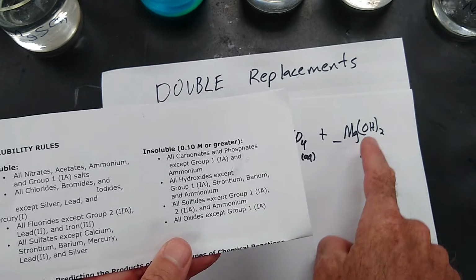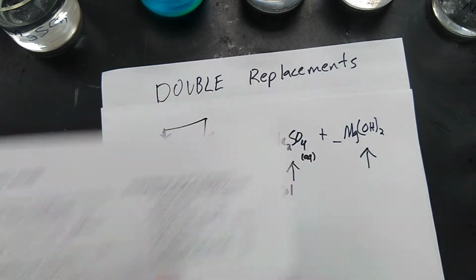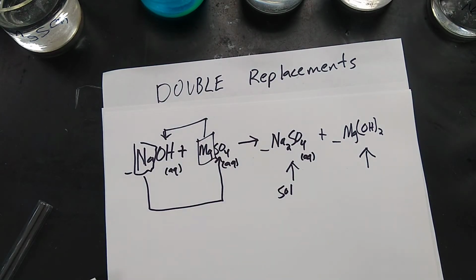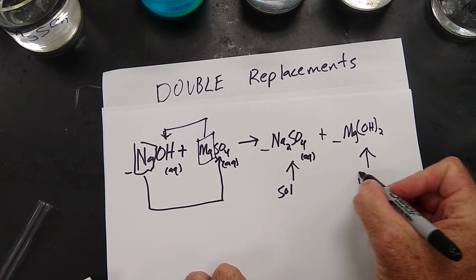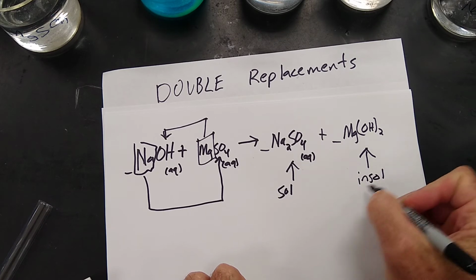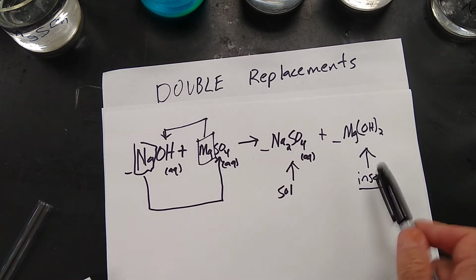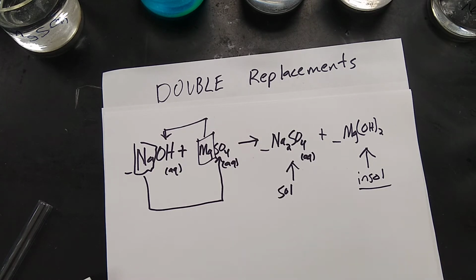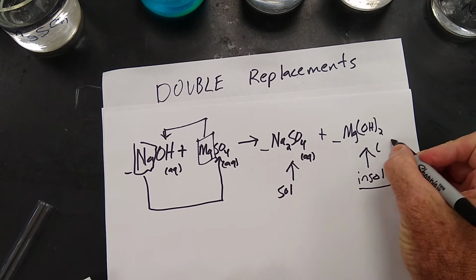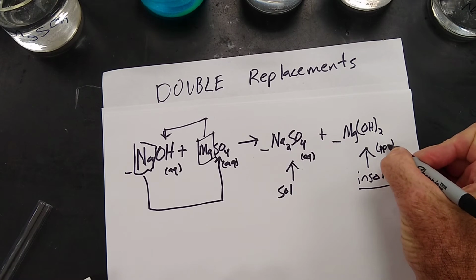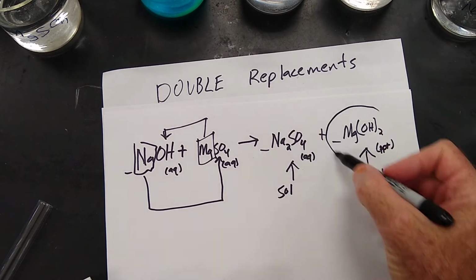So guess what? Magnesium hydroxide is going to be insoluble. Boom. So this is going to be labeled how? What are we going to label right here? That's right, PPT. That's the precipitate, and we're going to circle it.